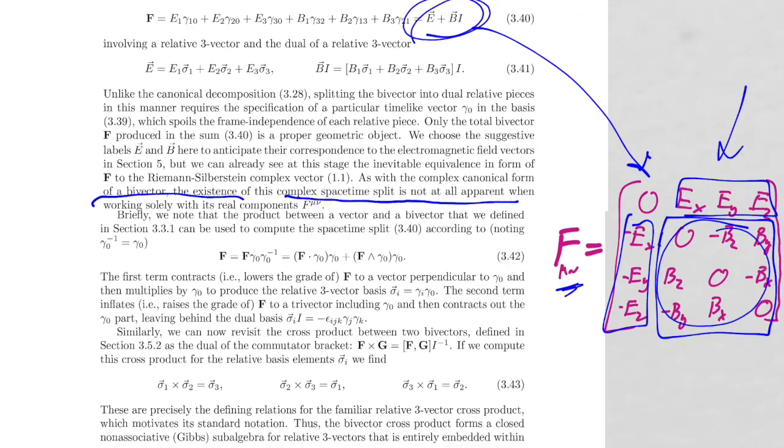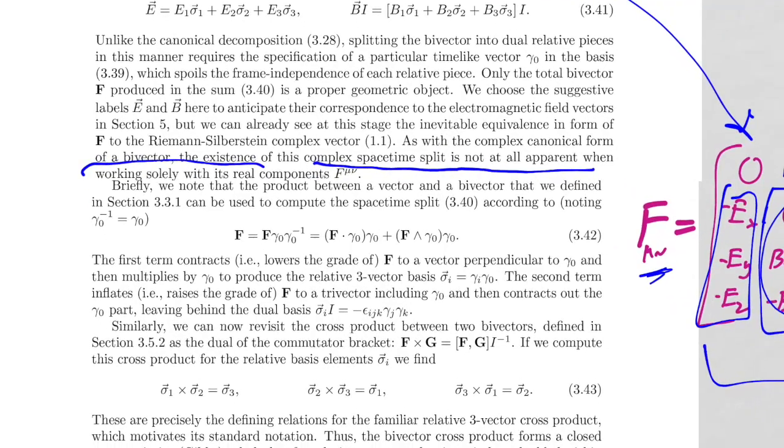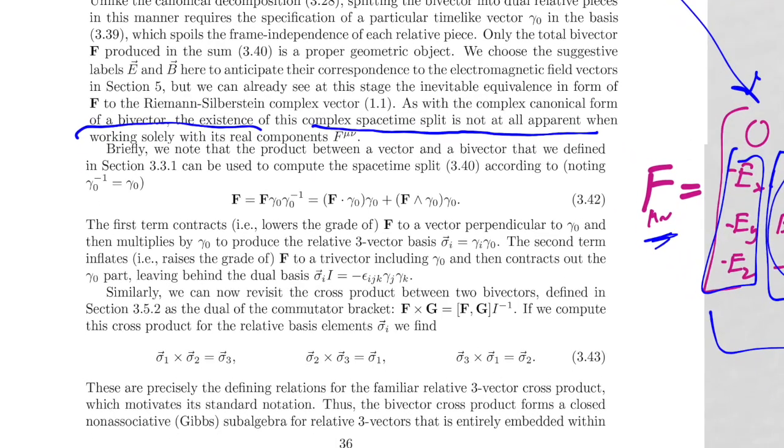But I feel like this is a spacetime split in the regular tensor form. So I certainly agree with the first part: the complex canonical form of a bivector is not obvious in tensor analysis. But the spacetime split, I kind of feel like it is visible, to be honest.